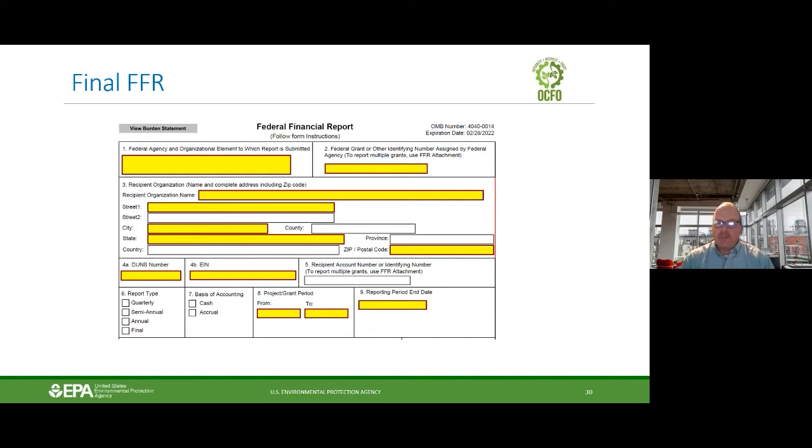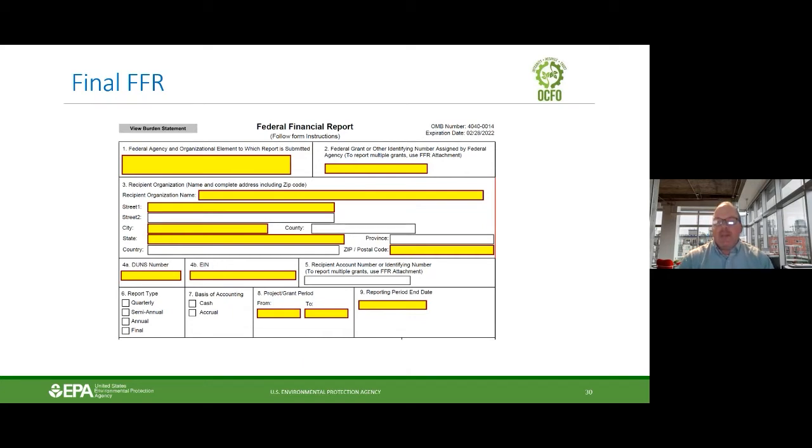So that's one of the checks that we try to do to ensure that we don't close something out prematurely. Block 7 is your basis of accounting. So that's up to your accounting system. Block 8 is your project grant period. That is going to be on page 1 of your grant award document. So you just pull that there, the from and the to.